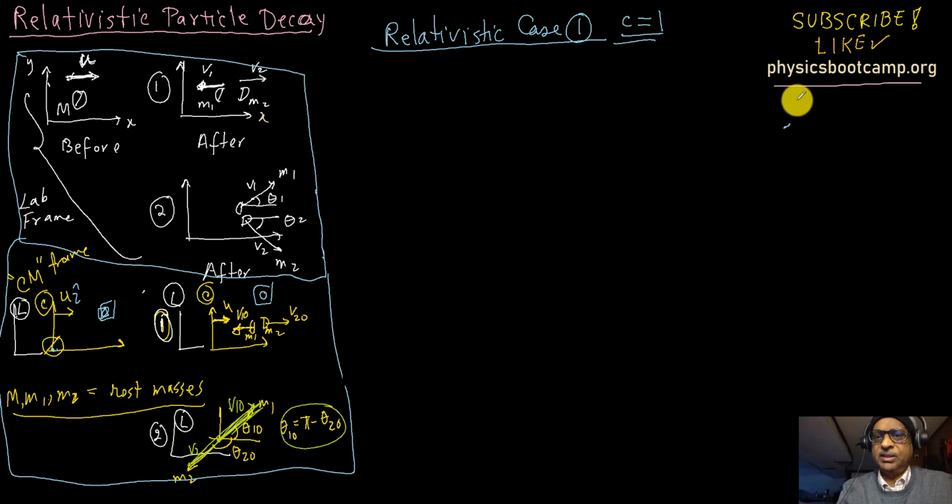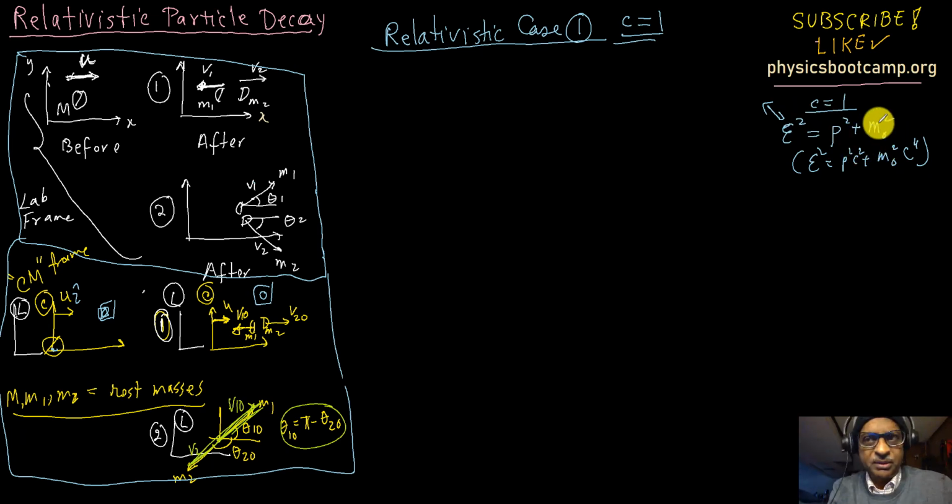And so using c equals to 1, then in any frame, you have energy square equals to p square plus rest mass square. If c was not 1, this comes from E square equals to p square c square plus m0 square c to the power 4. So setting c equals to 1, and later on I can put the c back in. This one is too much writing, so I'm not going to write that.